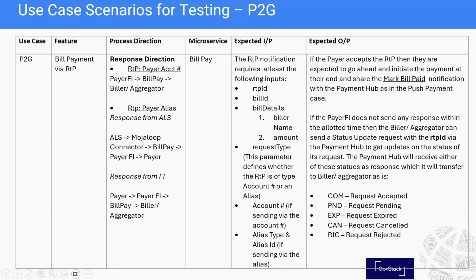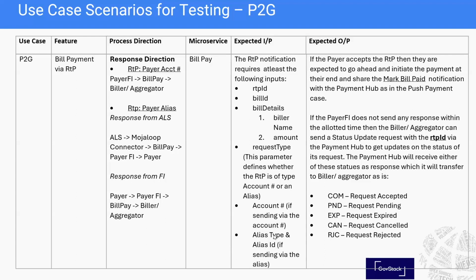Also, to further the capability, in case the RTP notification response is not received, there is an RTP status API that can be called by the biller aggregator or the payment hub from the payer FSP to inquire about what happened to the RTP notification.